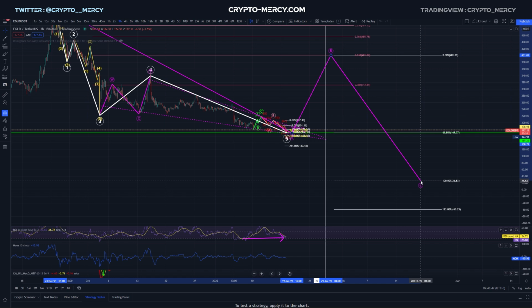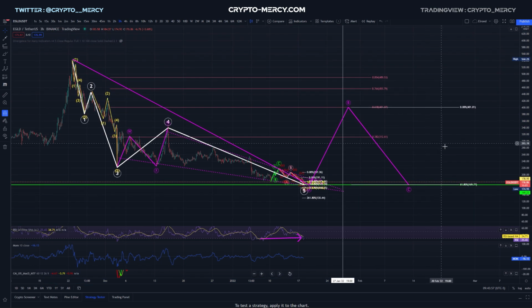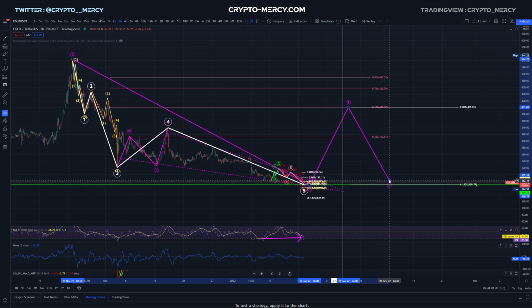This will be the last possible target, but at that moment we would for sure subcount everything and bring the other possibility. But now it looks possible, in my opinion, that we can play this pattern, this ABC right here in zigzag, and we're gonna follow this.